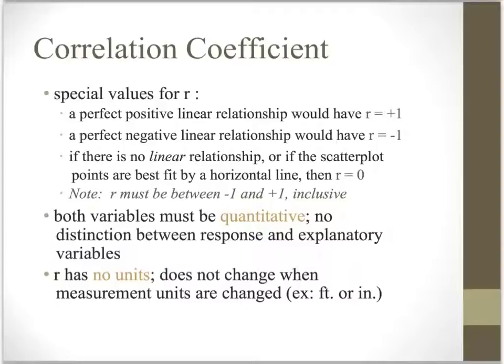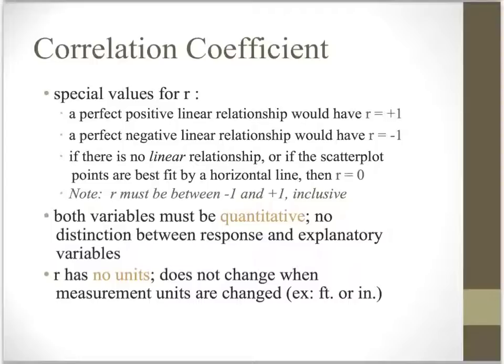Now, if it's a perfect linear relationship, the R is going to be either positive 1 or negative 1. A perfect positive linear relationship. In other words, every point in your scattergram actually falls on the same line. That's what we mean by perfect linear relationship.